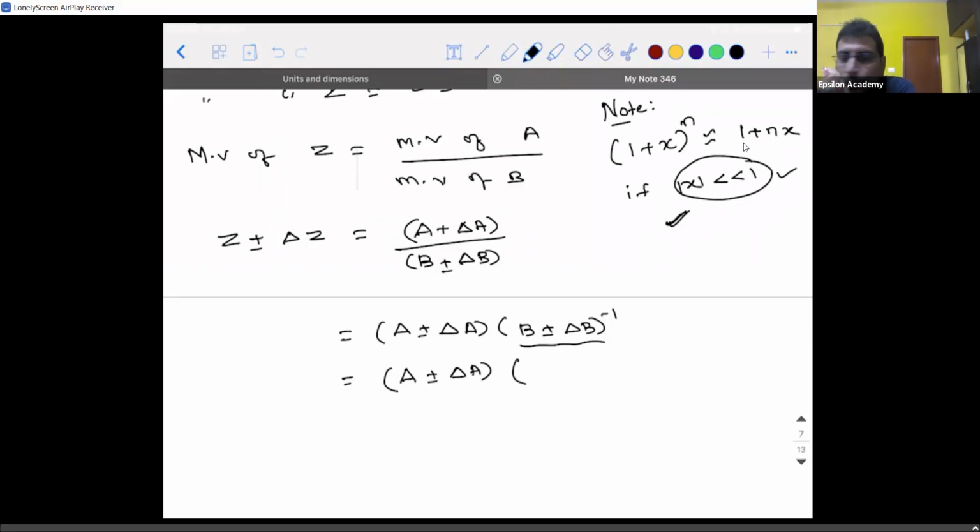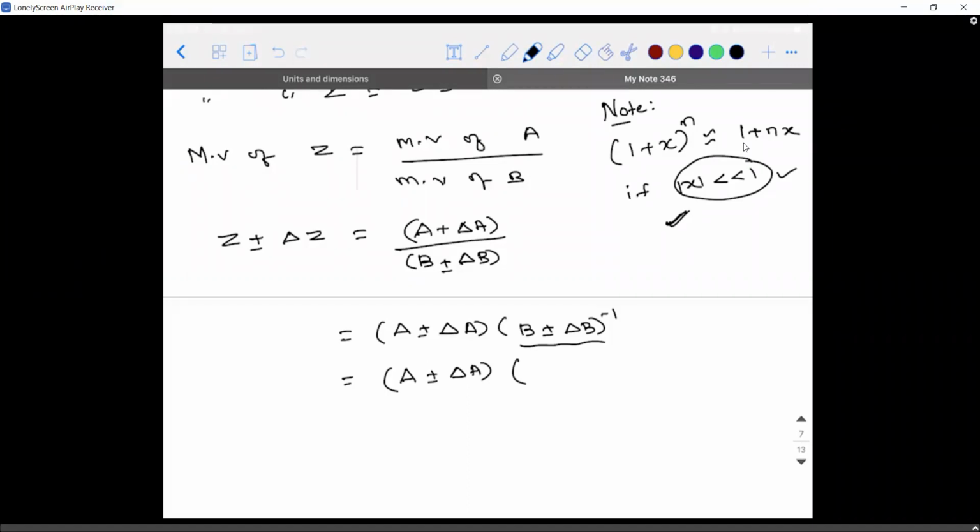If I have to apply this formula, you guys start thinking of the logic. Which one is smaller? Which one should become x here? Should it be b or delta b? Delta b, right?